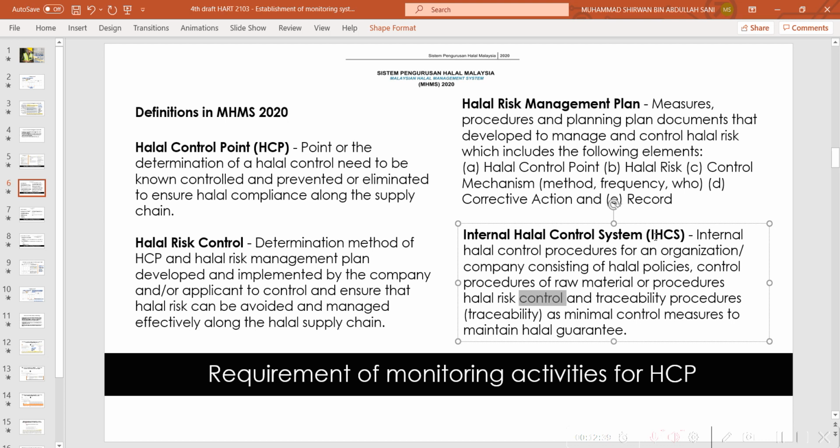But for small and micro premises, they are only required to comply with internal halal control system. So since we are talking about controlling and monitoring, both of these small and micro industries as well as the MNC, they are compulsory to carry out monitoring activities, right?